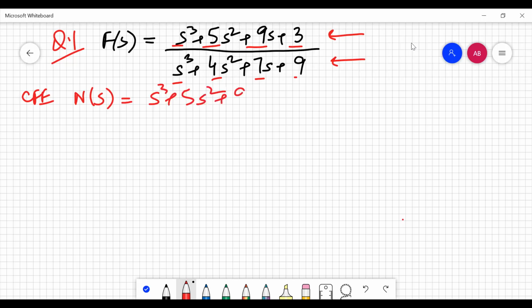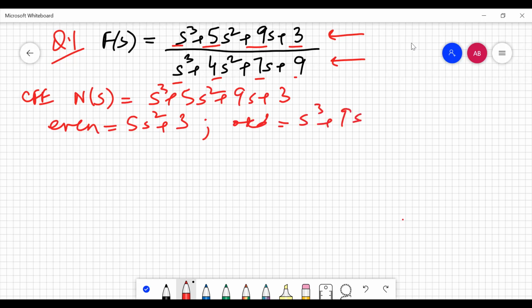For that I have written it separately here, and now I will divide it into my even terms, that is 5s square plus 3, and odd terms, that is s cube plus 9s, and then I will carry out my CFV. For that, the higher degree term will be taken inside and the smaller degree term is going to divide it. So let's divide it.